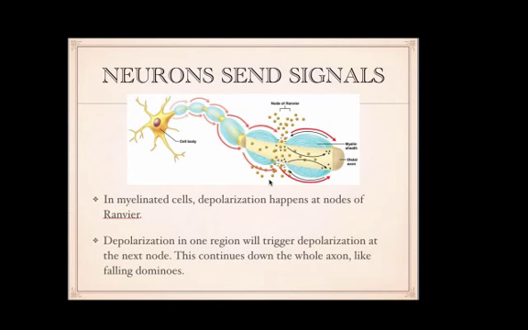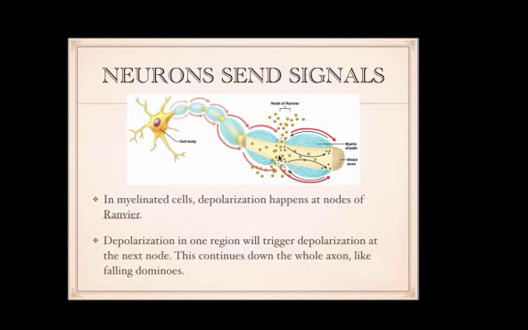The important thing about this action potential and how it actually gets propagated, or how it gets continued all along the axon, is that depolarization of the axon in one place is the trigger that causes depolarization at the next node.